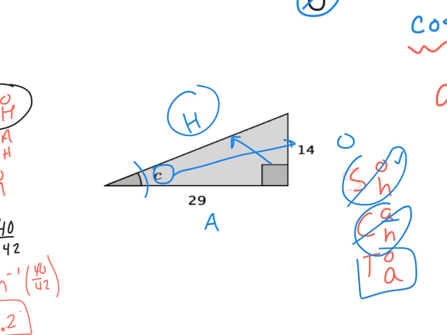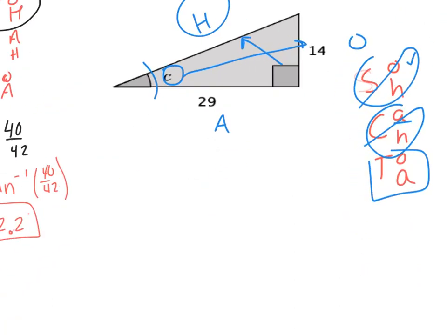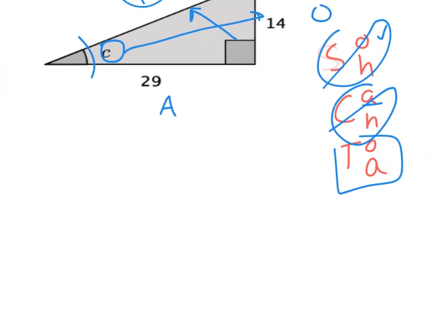So when using tangent, it's the exact same procedure as before. I'm going to set up my equation. So I have tangent of C equals my opposite of 10 over my adjacent of 29.